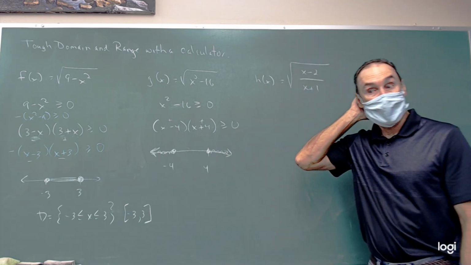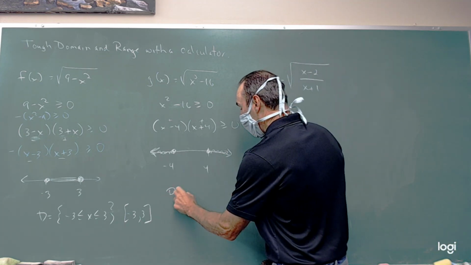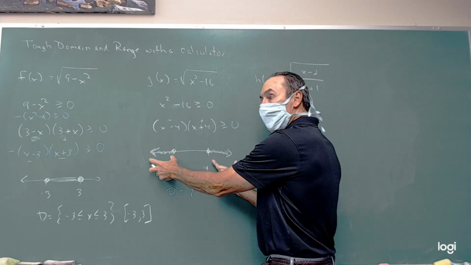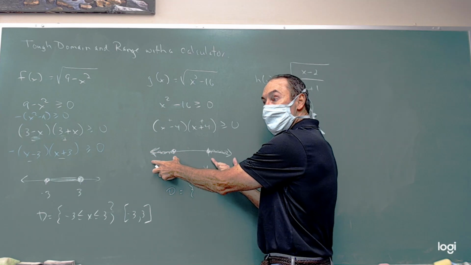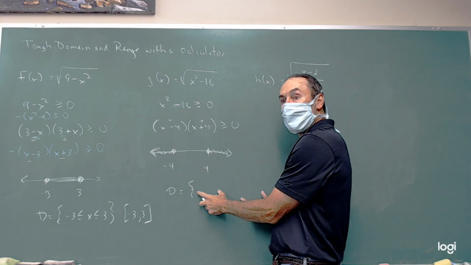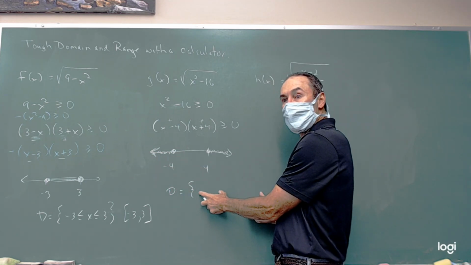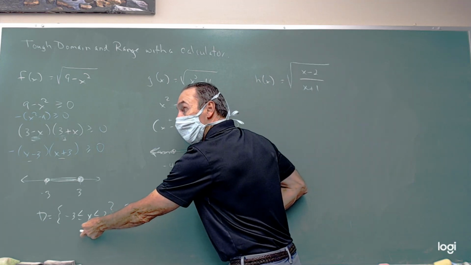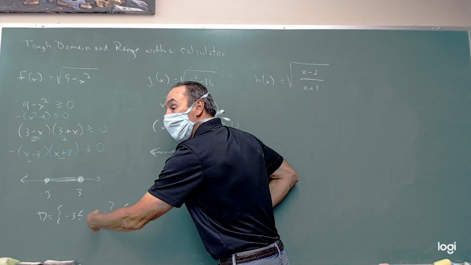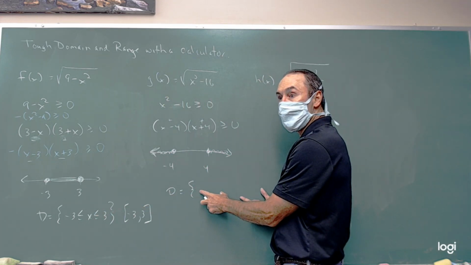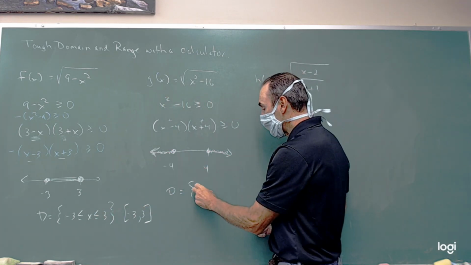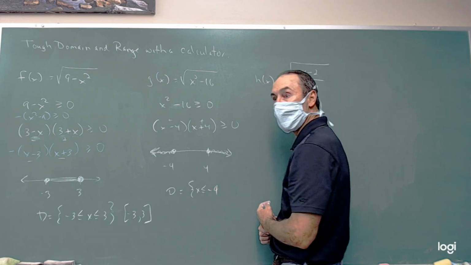Okay? Now we have to write this. So our domain is going to be, just as you see this is in two pieces, we have to have two separate inequalities here. There is no way to correctly write this as what I call a double inequality, where it's all in one line. We can't do that here. So we have to say this piece is x less than or equal to negative 4.